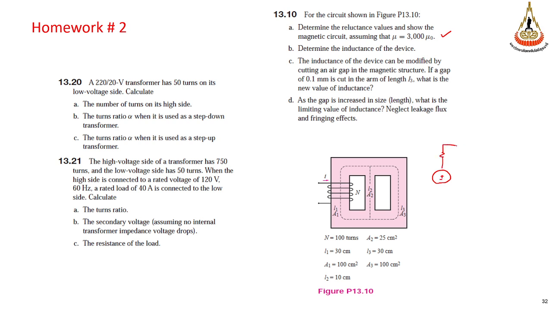You get this reluctance and this reluctance and then this reluctance, and then this reluctance, right? So you need to calculate the mean path of this circuit. This is R1. R1 would be L1 divided by mu A1, right? And the parameters are there.